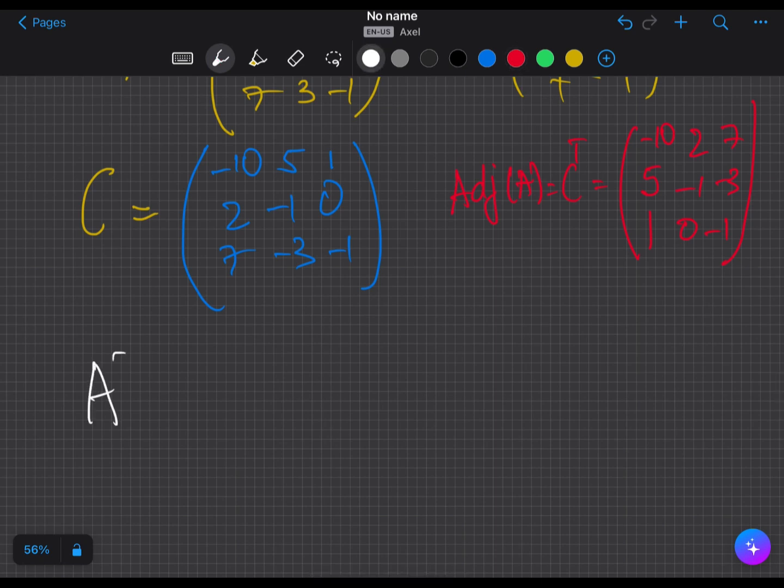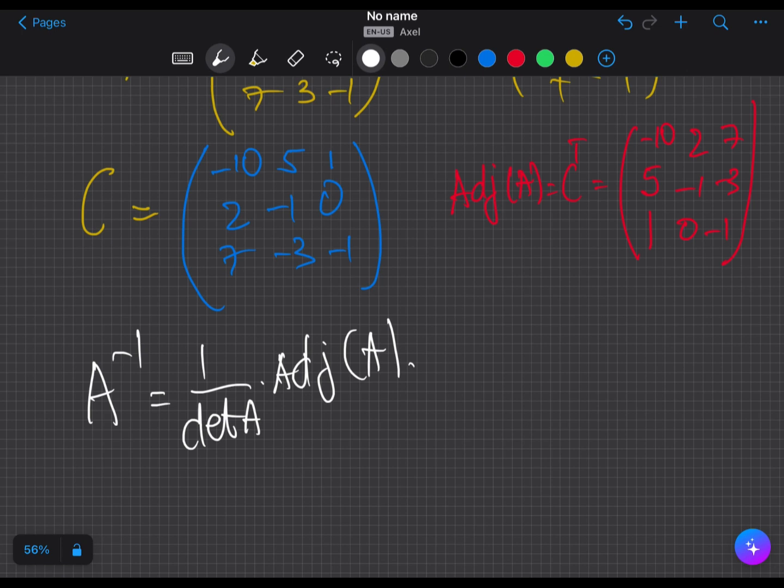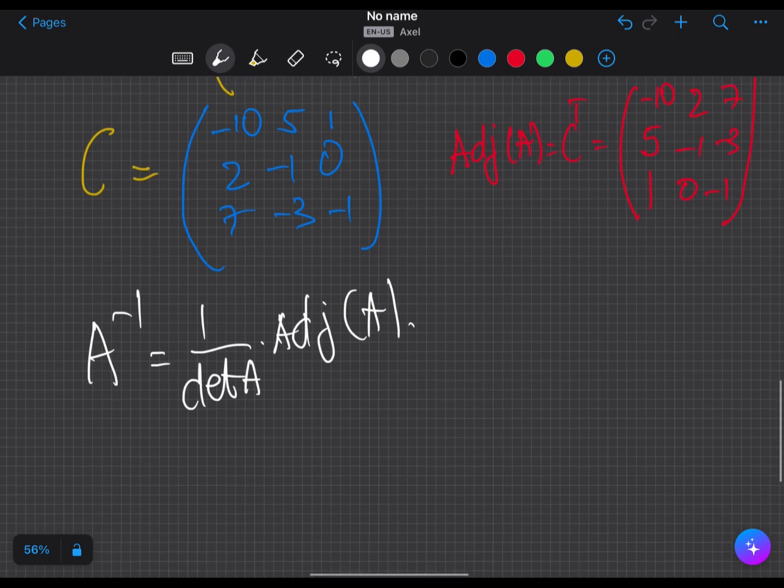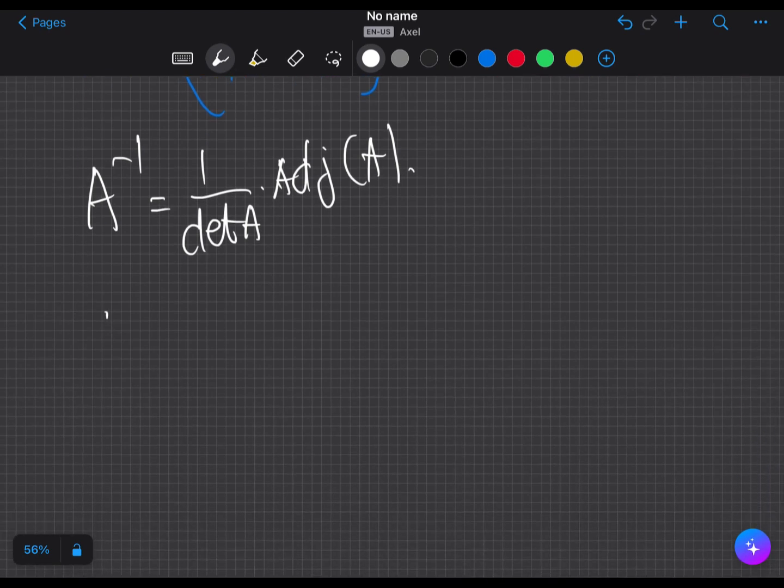Then if I want to find the inverse, which is equal to 1 over the determinant of A times the adjoint of A, one thing is lacking: the determinant. So to find the determinant, what do you think I will do?